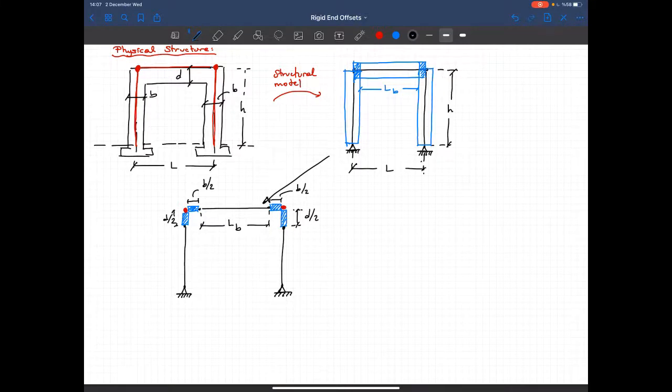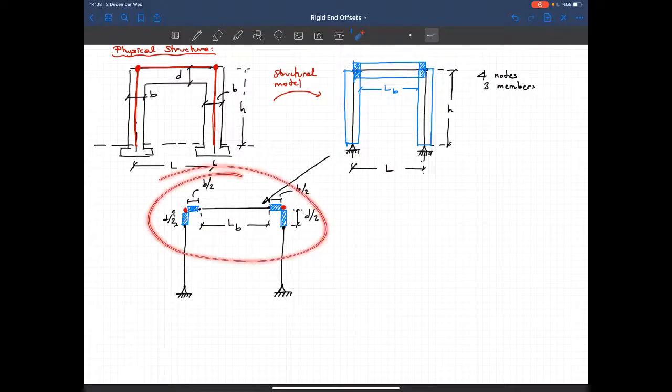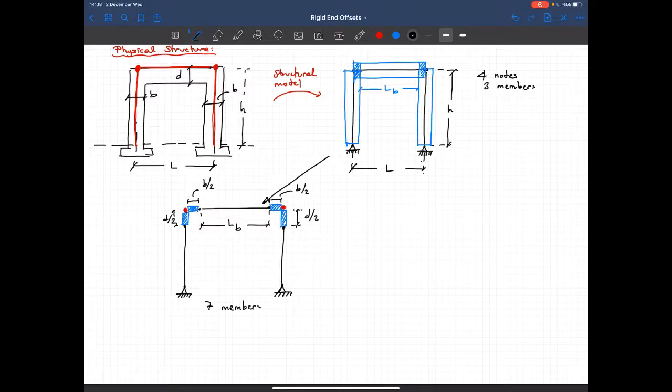But if you take a look at our original structure, basically I got 4 nodes and 3 members. Okay, and in this modeling approach, I have 1, 2, 3, 4, 5, 6, 7 members, and 1, 2, 3, 4, 5, 6, 7, 8 nodes.